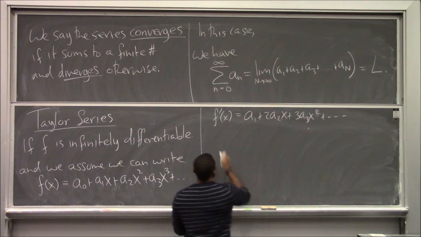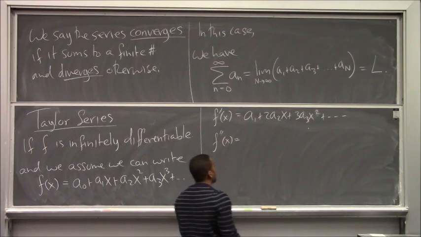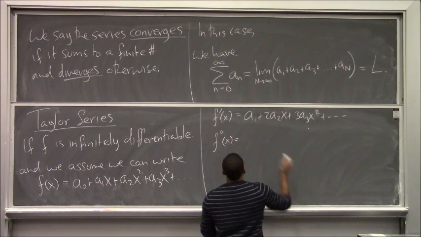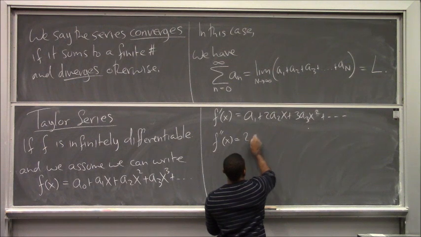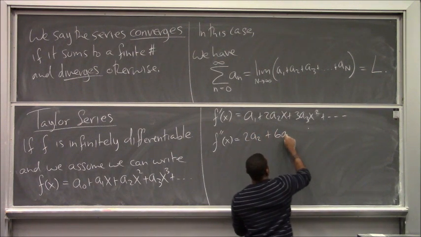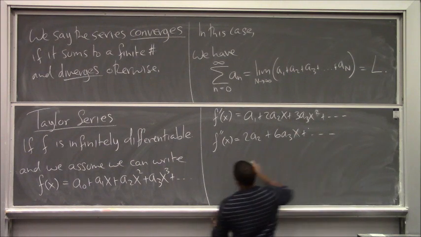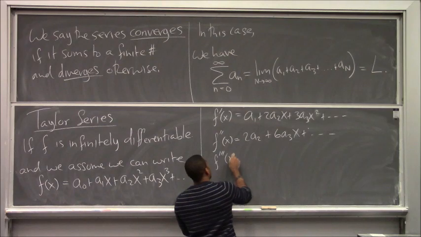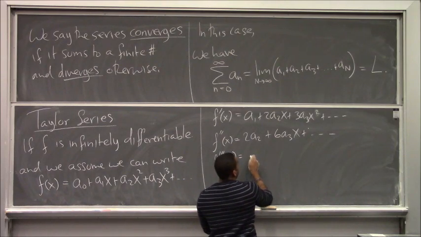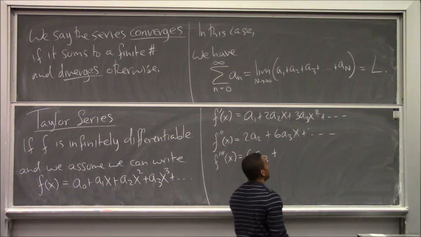And we could look at the second derivative, and we would get 2a2 plus 6a3 x plus dot dot dot. And we can look at things like the third derivative, and we would get 6a3 plus, what would the next one be?